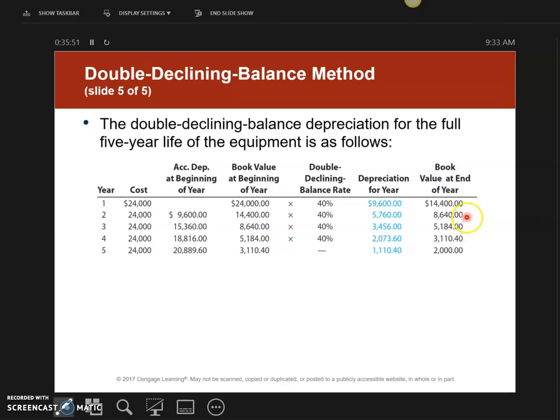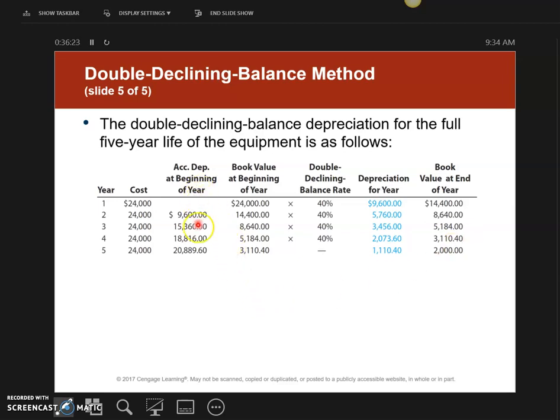So I'm taking this number from last year, subtracting the depreciation for this year, and I come up with 5,184. This is the book value at the end of year 3, which means it'll be the book value at the beginning of year 4. So here's my accumulated depreciation. This times 40% gives me this number. I take this number, subtract this. Here's my book value at the beginning of year 5.